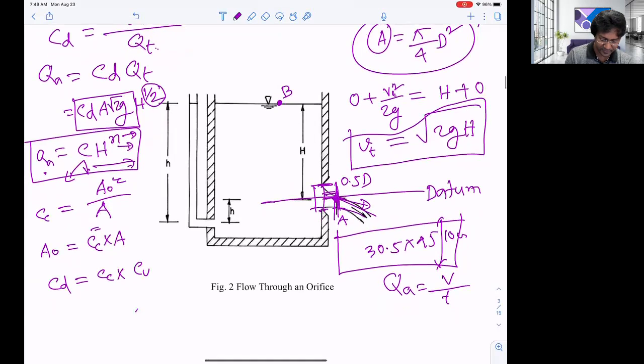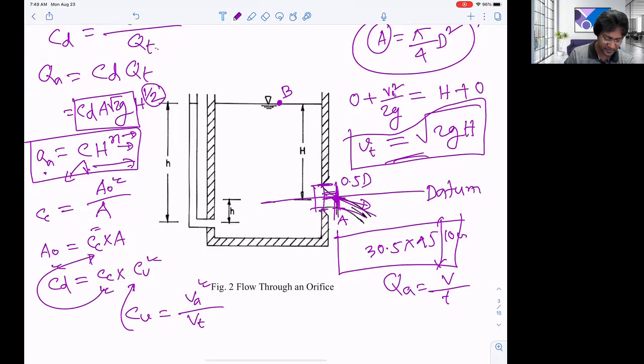So CV is Va divided by Vt. We know Vt from this equation, but we have to calculate Va. For calculating the actual velocity of the jet, we apply the same principle that we applied for projectiles. Then we can calculate CV and apply this equation, because we know CD and we'll know CV, and from this equation we'll calculate CC. We'll put CC here, and we know the area of the orifice because we know the diameter.